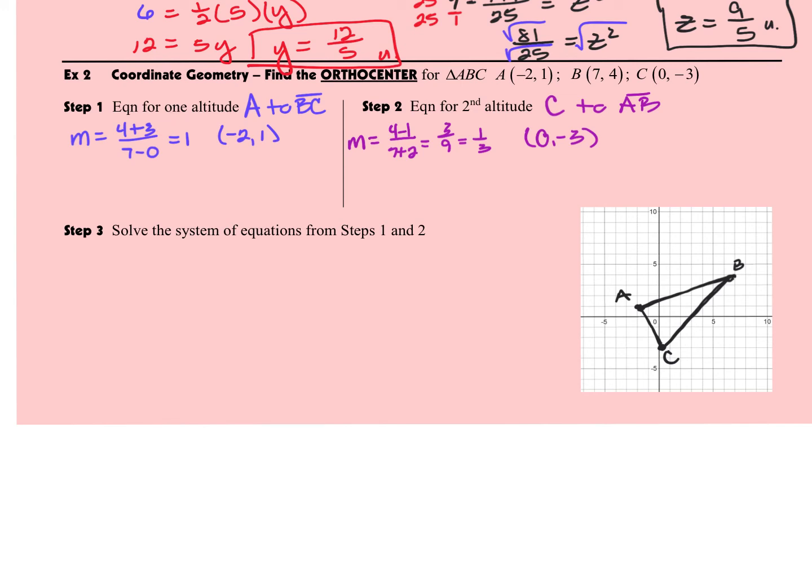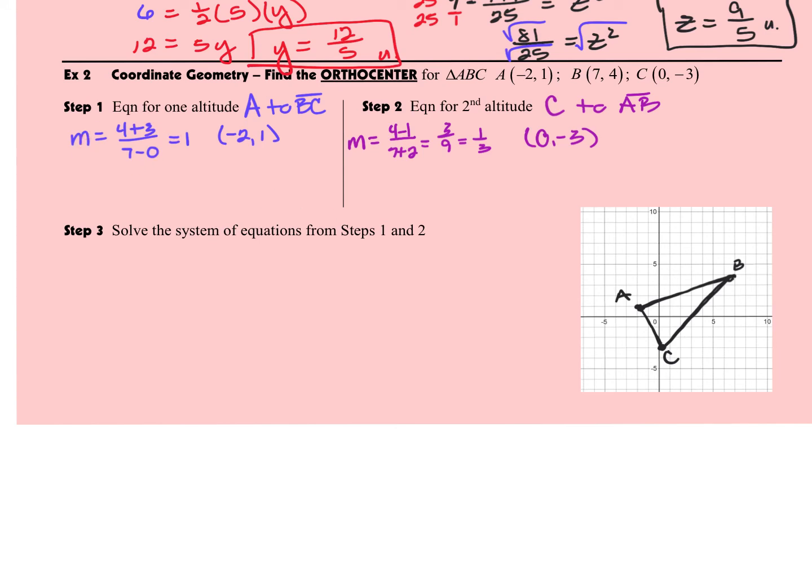So I've chosen for you, I'm going to go from A to my side BC. Okay, so I'm going to go from A to BC, and I'm going to go from my C to my side AB. So I always like to write this out first. Now, my altitude should go from A, so you can see I wrote that ordered pair, to BC. So I'm going to need to start with the slope of BC.